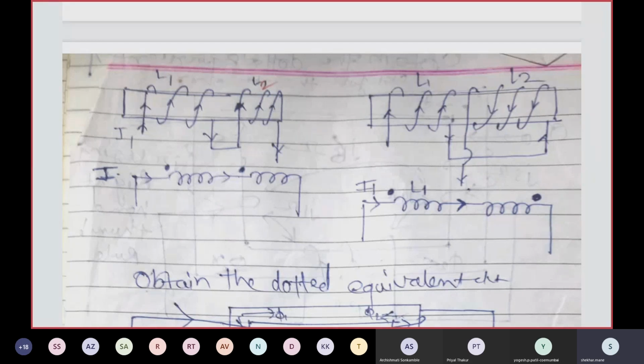In L1 it is upside and in L2 it is downside, so both the directions are different. That's why in L1 the current is entering and in L2 the current is coming out of the dot. That's why a dot is shown at the end of the coil.